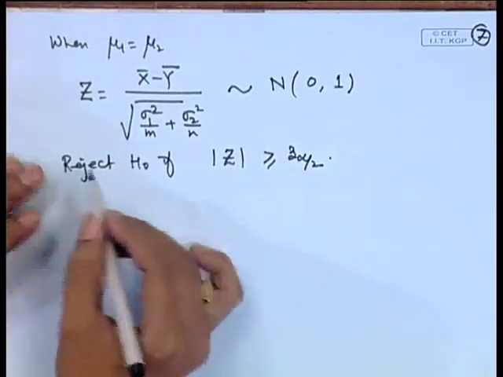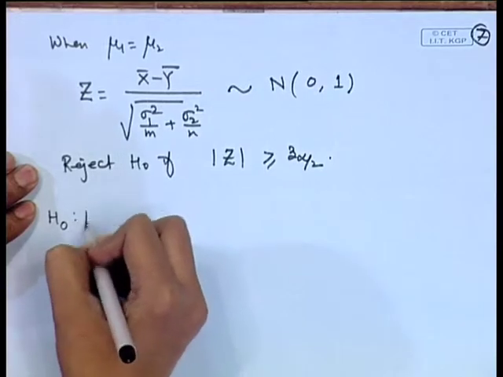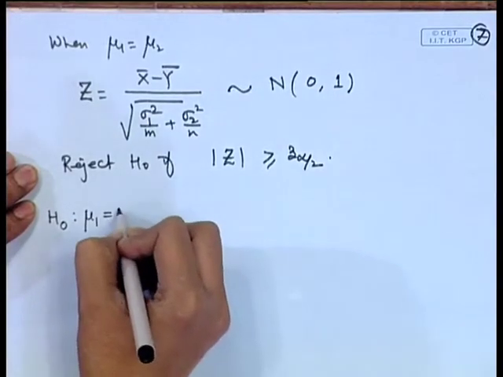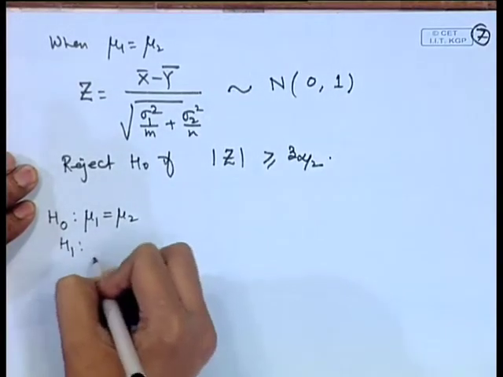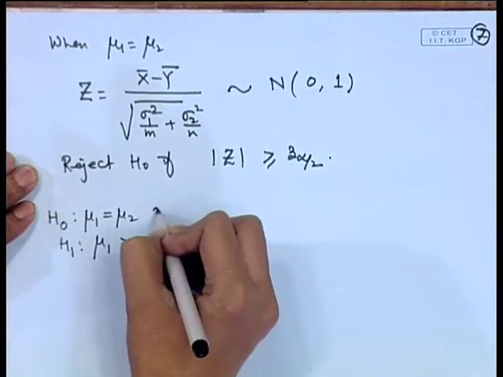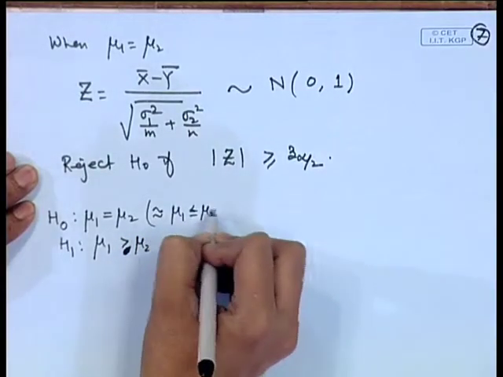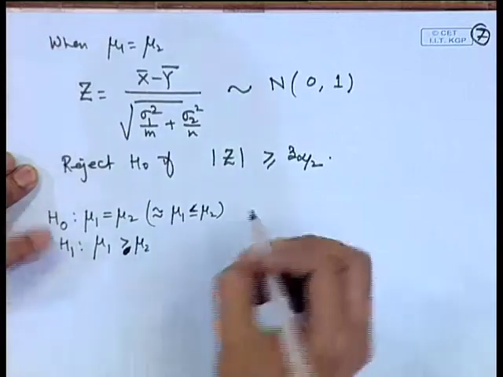We can answer the question for the one sided hypothesis testing problems also. For example, if I have mu 1 is equal to mu 2 against mu 1 greater than mu 2. Of course, this one is also equivalent to writing mu 1 less than or equal to mu 2, because the rejection region is dependent upon the alternative hypothesis.